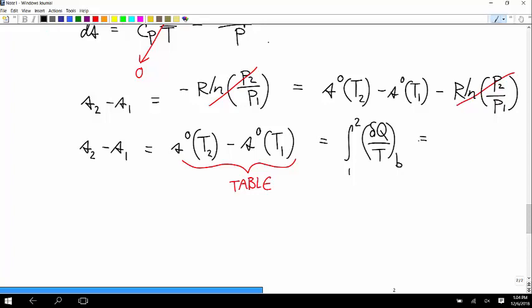And this is a transfer of an amount Q over a temperature of, well, if T1 and T2 are the same, so those are going to be the same.